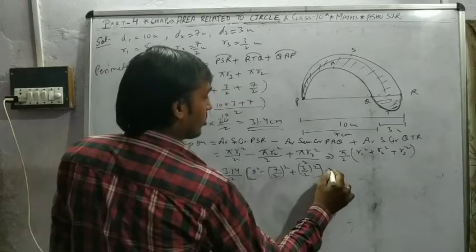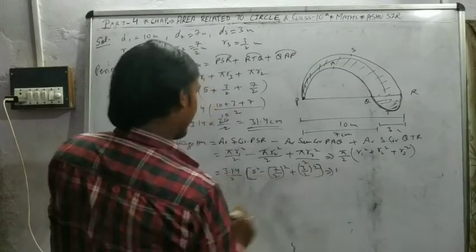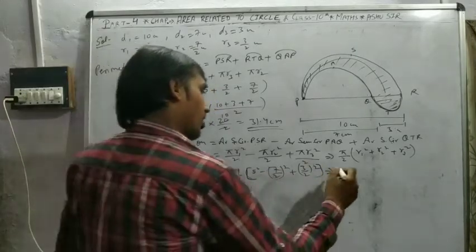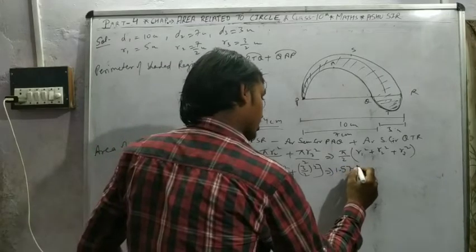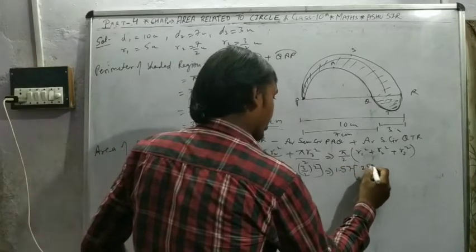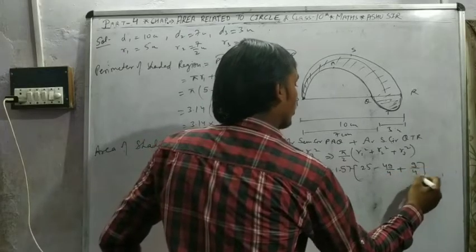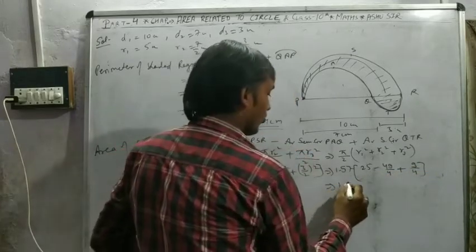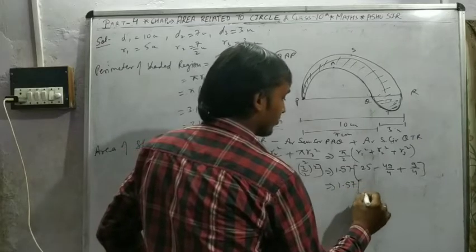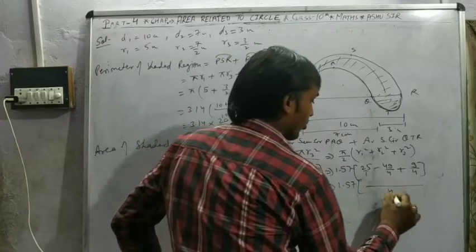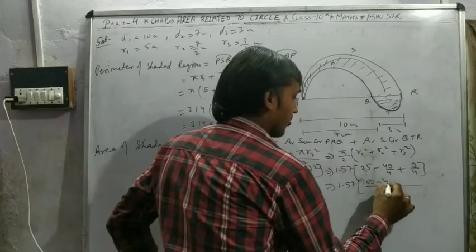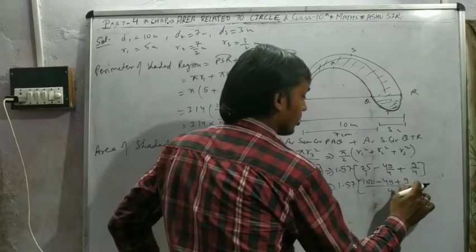big bracket, that is 1.57 into (25 minus 49 by 4 plus 9 by 4). Taking the LCM 4: 1.57 into (100 minus 49 plus 9) by 4.